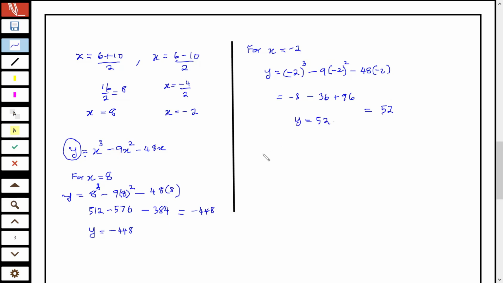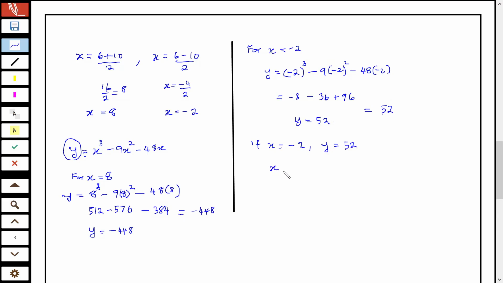So finally, the coordinates of the turning points can be stated as: if x equal to negative 2, then y will be equal to 52.